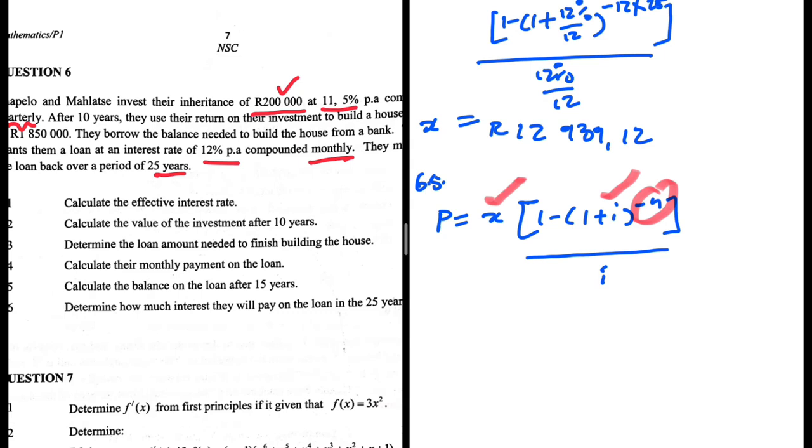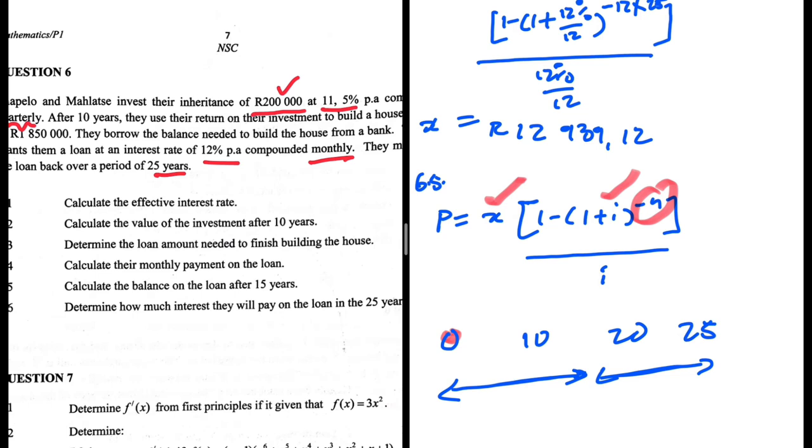So we want to calculate the balance of the loan after 15 years. So 0, 10, 20, 25. So 15 years is somewhere here. After we've paid the loan for 15 years, how many years are we left with? We are left with 10 years that we still need to pay. So that is the value of n we would use in this case.